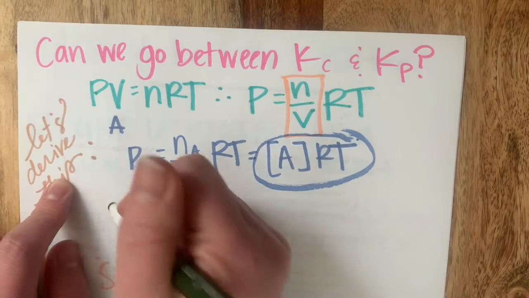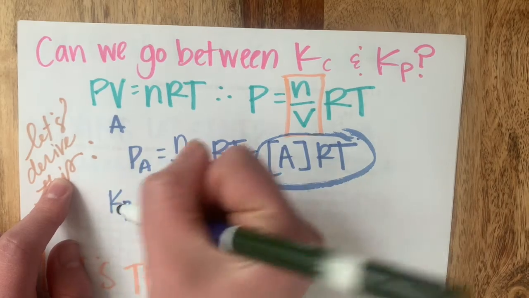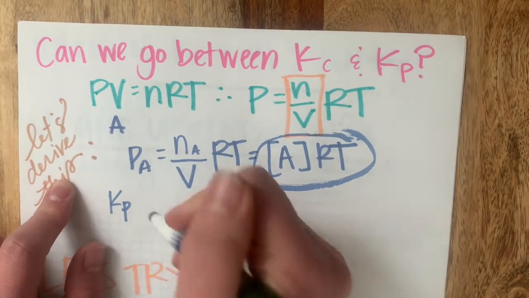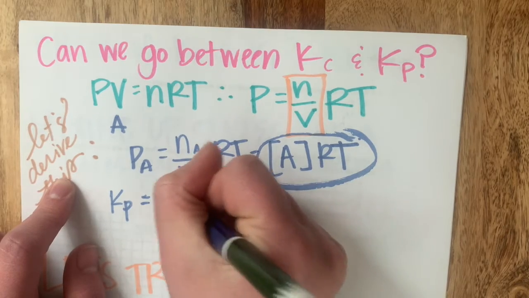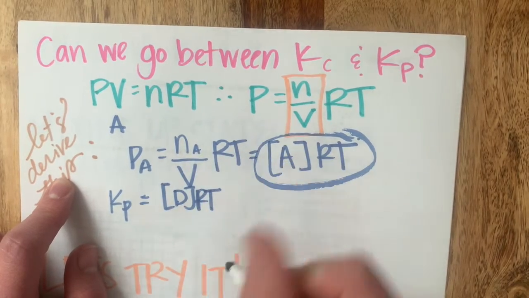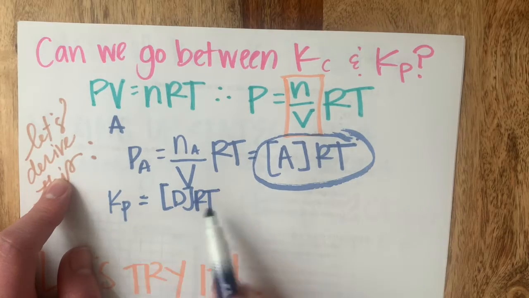Okay, so if I wanted to try and write an equilibrium expression in terms of pressure, what I would do is generically it would look like this. The concentration of D times RT, okay? We getting where this is coming from?